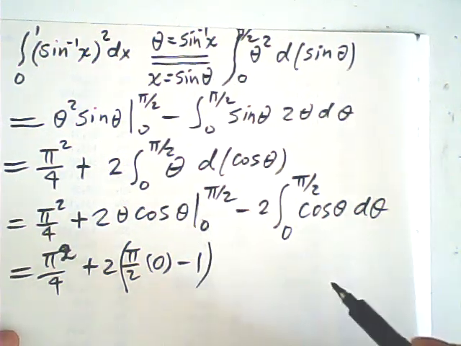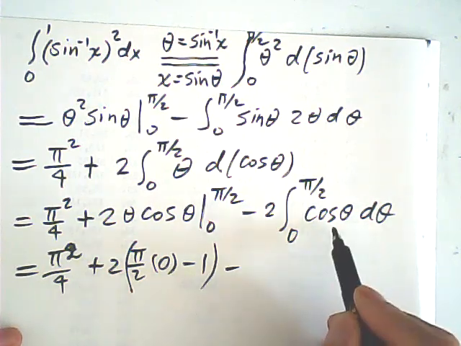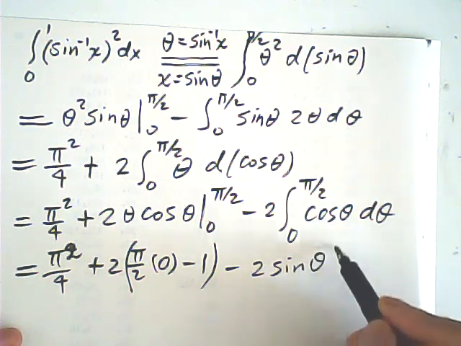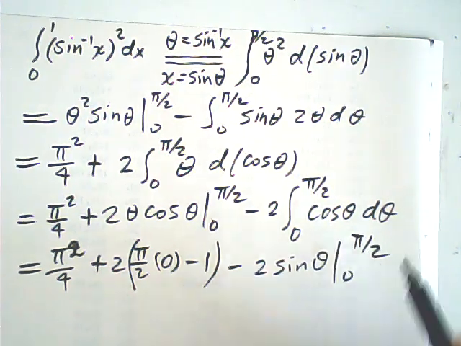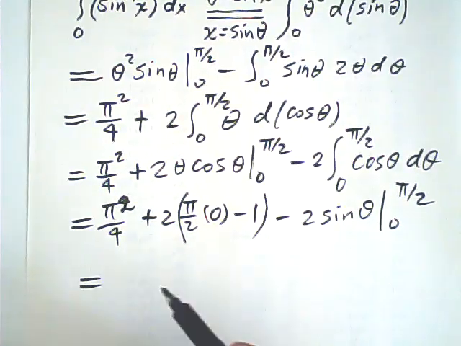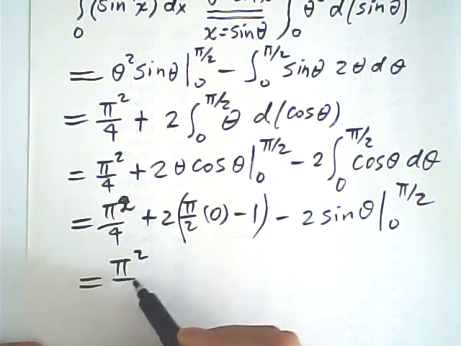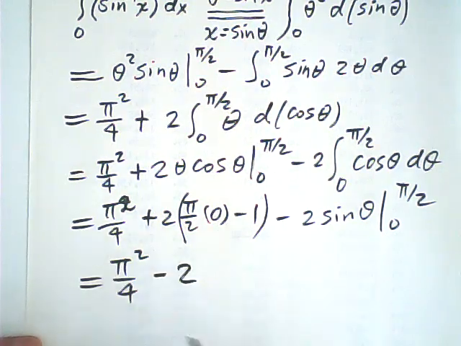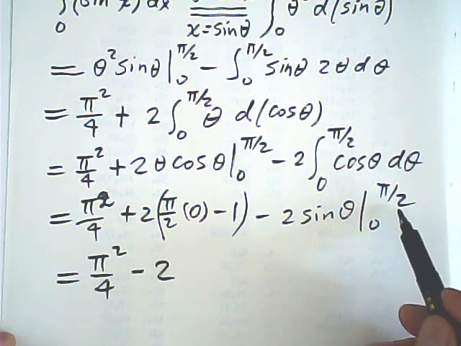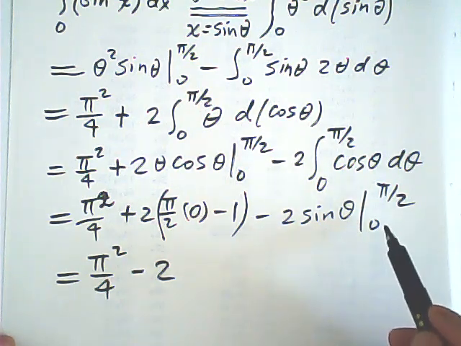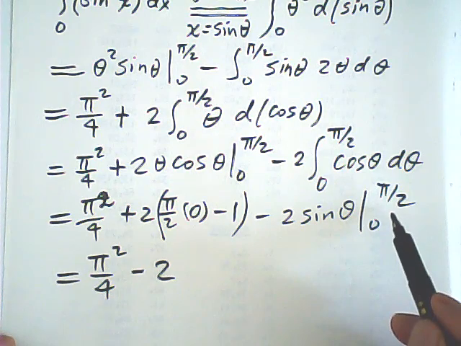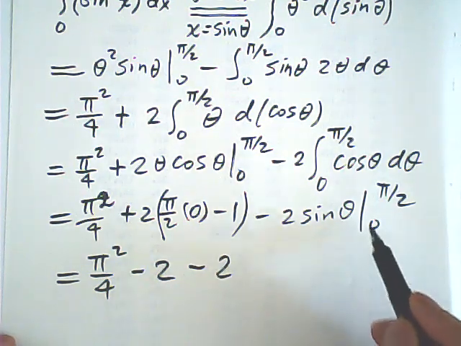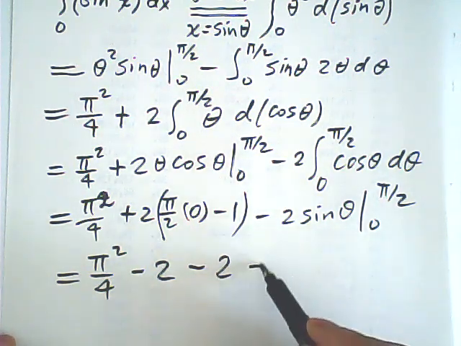This one is a sine, right? That's easy. And the result is a quarter pi squared, this is 0, this is minus 2, minus 2, right? And plus 0.